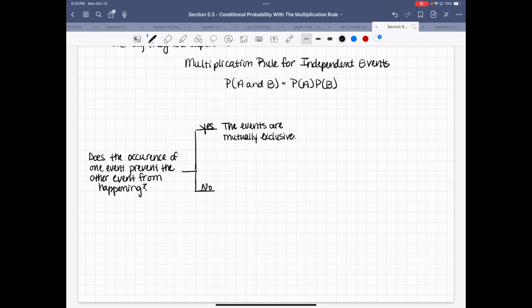If you say no, then we ask, does the occurrence of one event change the probability that the other event occurs?